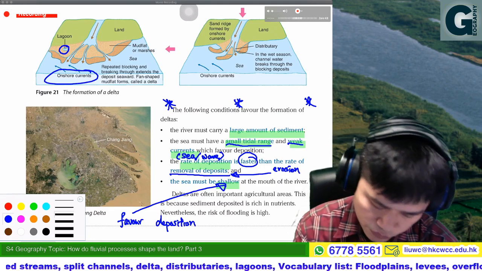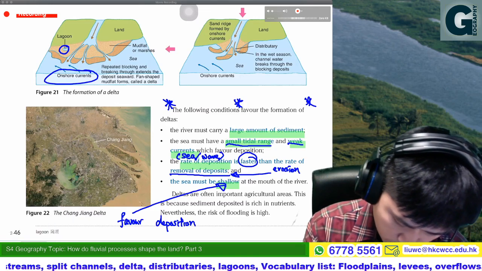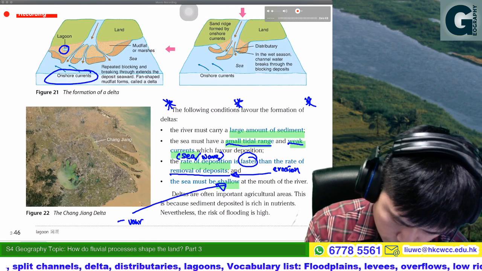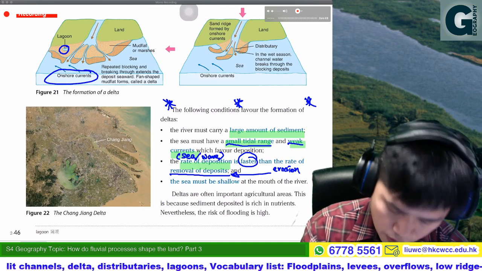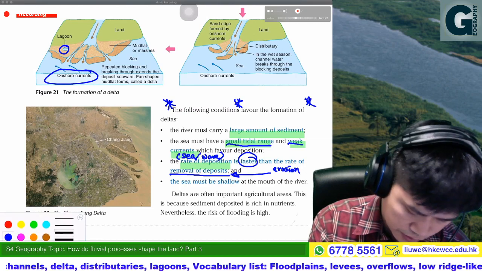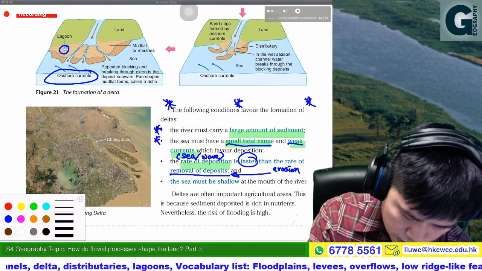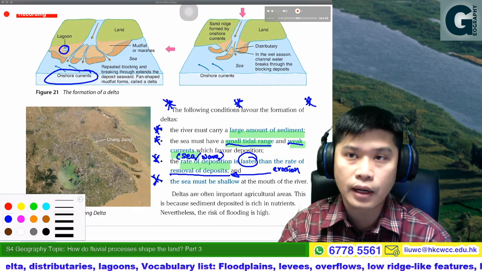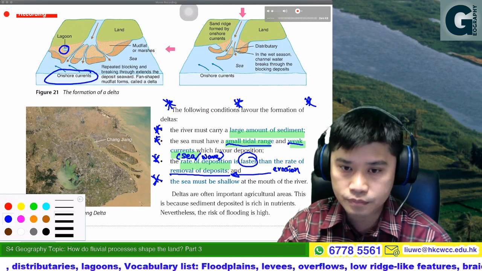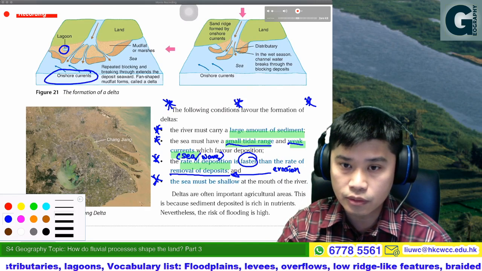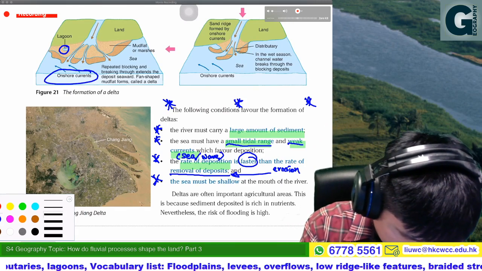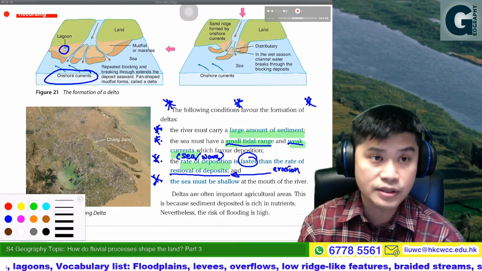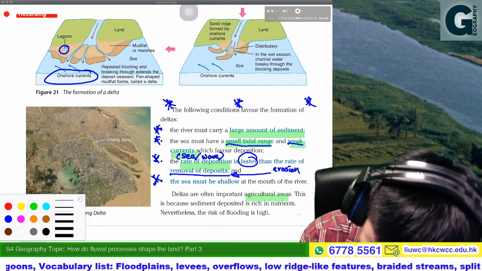So therefore, these four conditions may favor the formation of delta. Okay, so that would be about like this. And the last paragraph here mentioned that deltas are important for agricultural areas.